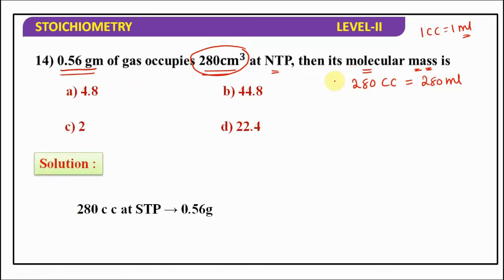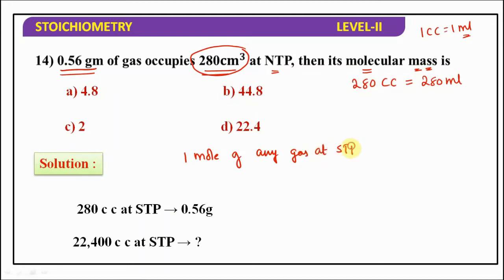As you know, children, 1 mole of any gas at STP occupies how much volume? 22.4 liter or 22,400 ml. Yes or no? That means 280 cc at STP weighs 0.56 grams.